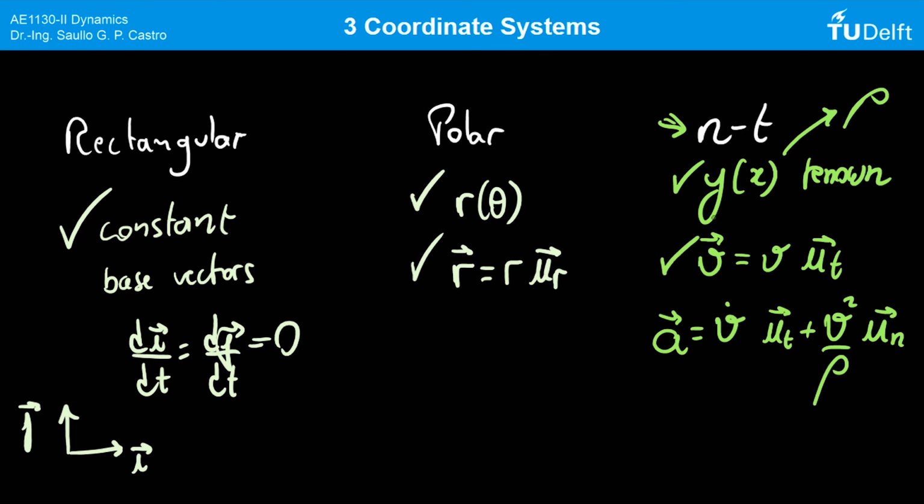The velocity here is described using just one component vector, because by definition the tangential direction is parallel to the velocity vector. And finally, the acceleration had two very convenient terms. One describing how the velocity magnitude is changing with time, and the other one just describing how the velocity vector is changing its direction with time.